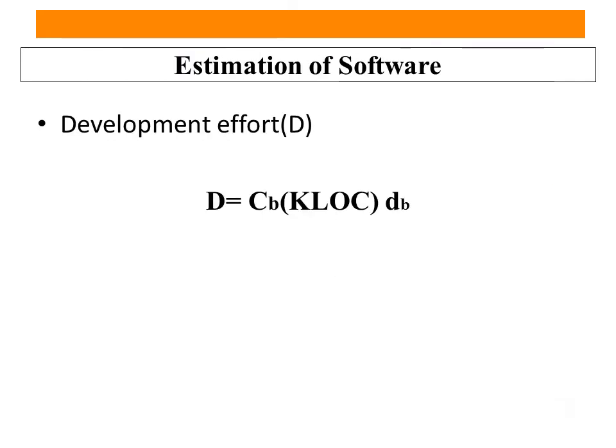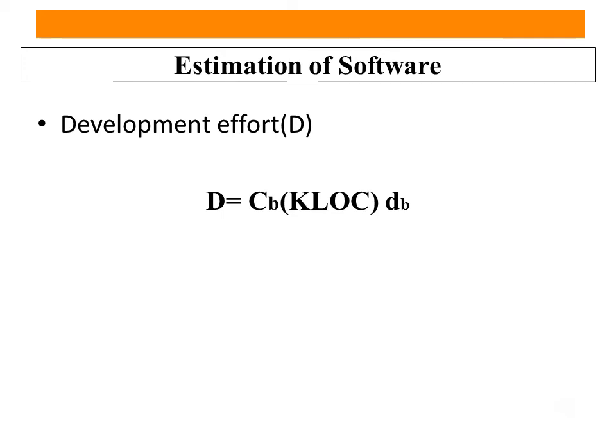So this is the formula of software estimation, in which we are calculating development effort, where D, the development effort, is equal to c_b (KLOC)^d_b. So it is just like the constructive cost model. In that model we were calculating the effort applied, but here we are calculating the development effort. So this is the difference.